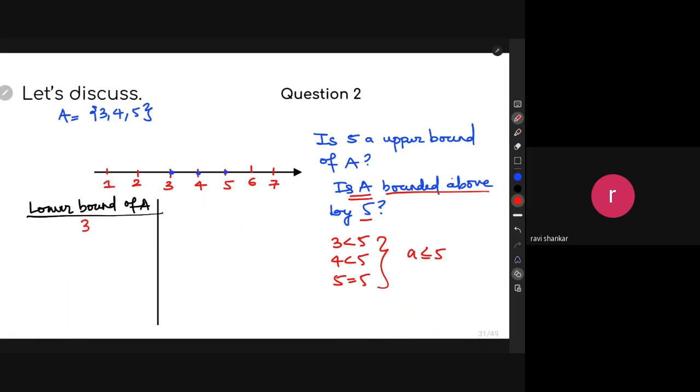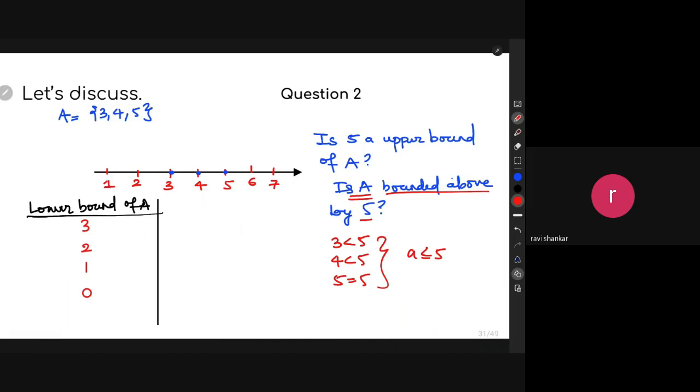Now any number smaller than 3 is also a lower bound. So 2 is also a lower bound, 1 is also a lower bound, 0 is also a lower bound of A. But can you find an element which is larger than 3 and a lower bound of A? In other words, does there exist any element which I can write on top of 3?